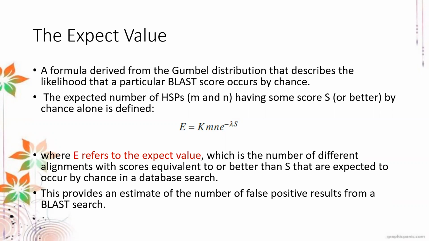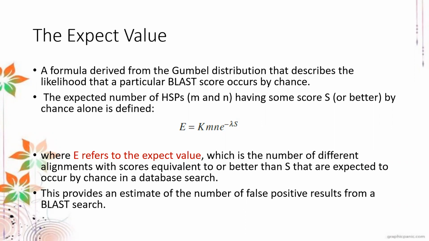The expect value describes that if you have a high expect value, there's a high likelihood that it's just a chance alignment. Meaning, even if it's a good score, a good alignment, with a good percent identity, if it also has a high expect value, your research will come down to saying they are similar because it just happens.